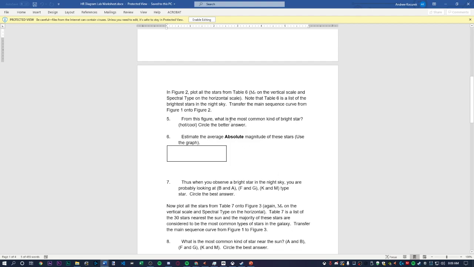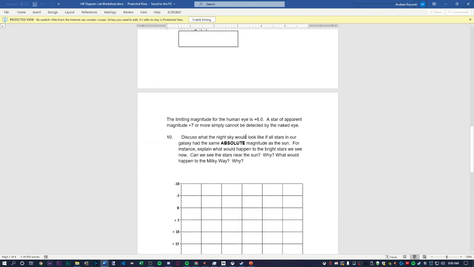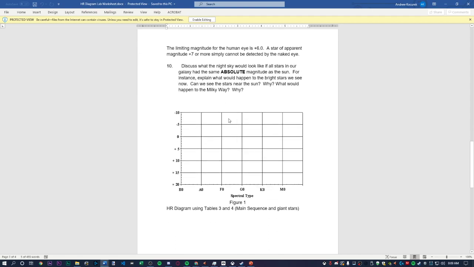What is the most common type of bright star? And you're going to estimate the absolute magnitude of these stars. So, how to do that is you're going to have a lot of stars over here. You're going to have a bunch of stars over here, and I can't show you, but I can kind of estimate, because I know there's going to be a bunch of dots over here.